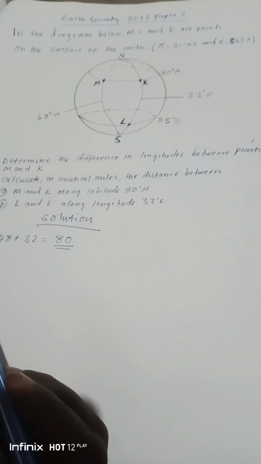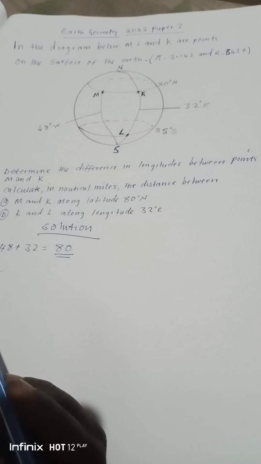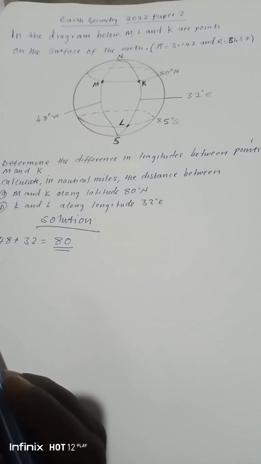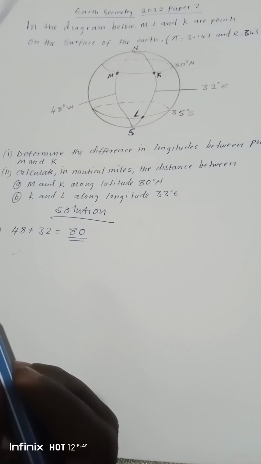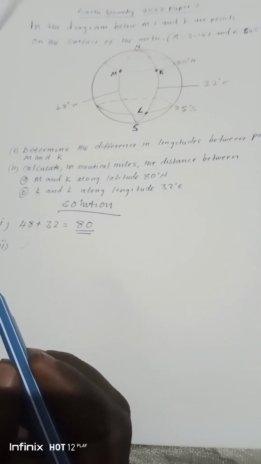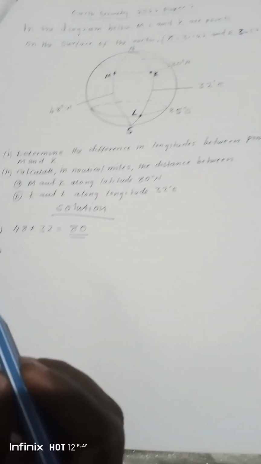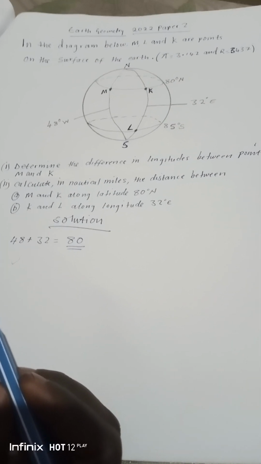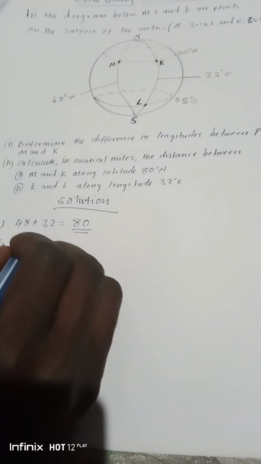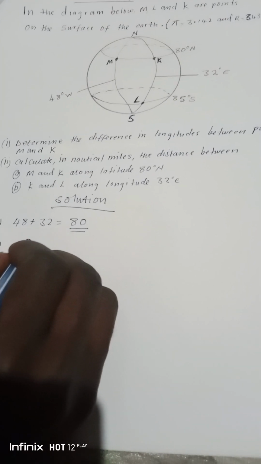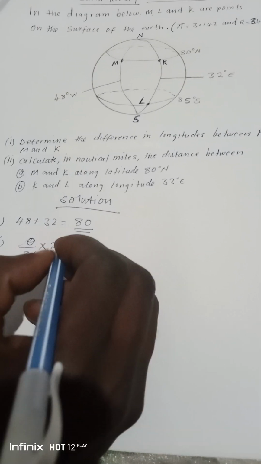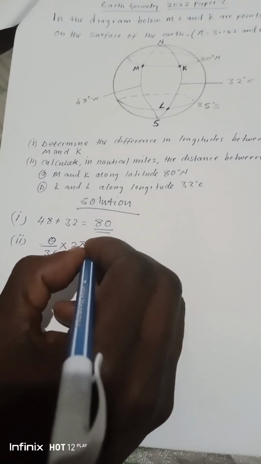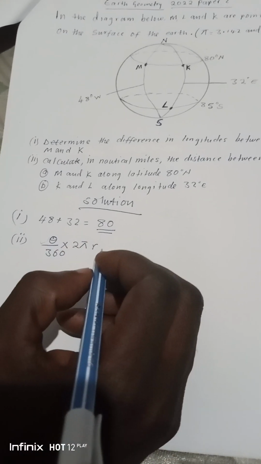When you are calculating along the latitude, there are two formulas that we can use. I am going to show you both of them, so that when working out this type of problem, you will choose the one which seems easier for you. The first one is this one, whereby you say theta over 360 times 2 pi r, the small r.